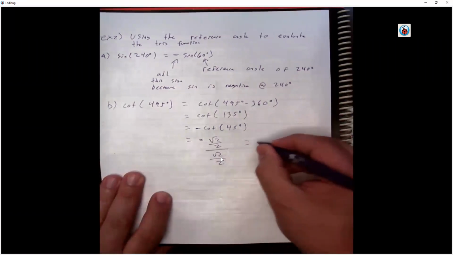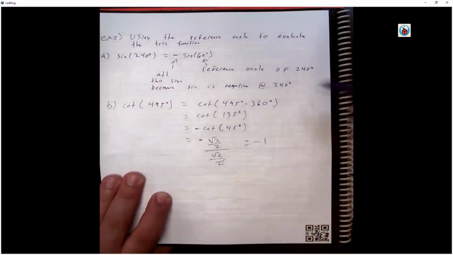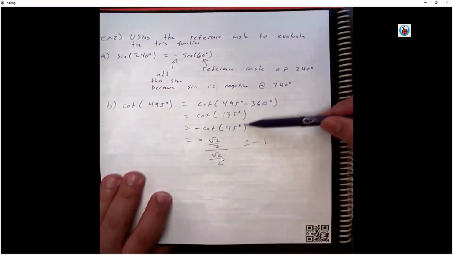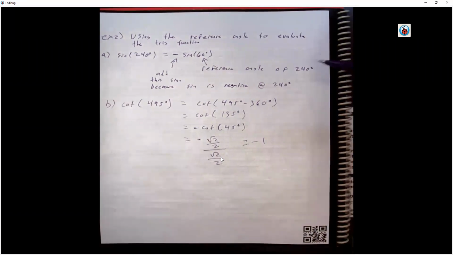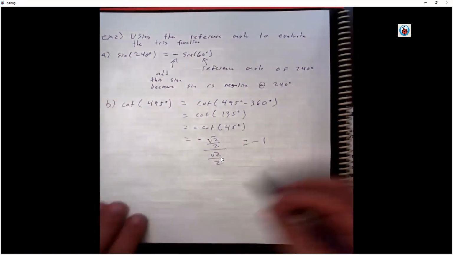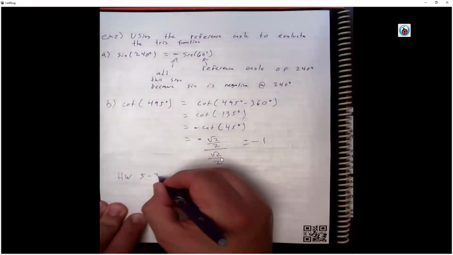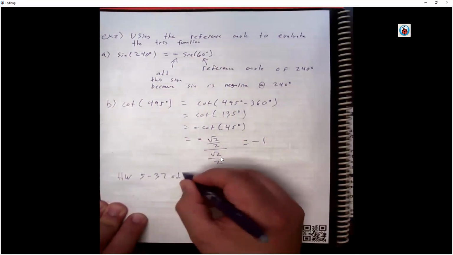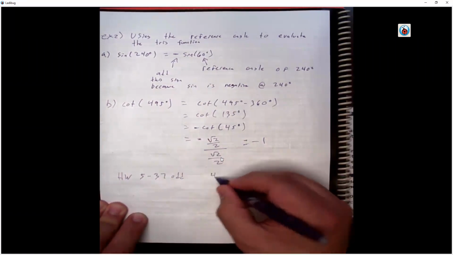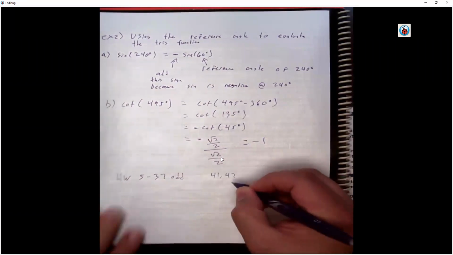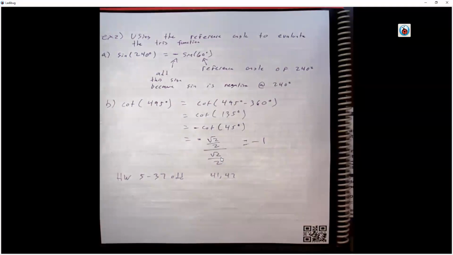Either way, it's going to be -1 depending on which one you use. Anyway, I'm not going to spend too much time on that, but if you don't already understand reference angles, doing this homework will make it sink in.